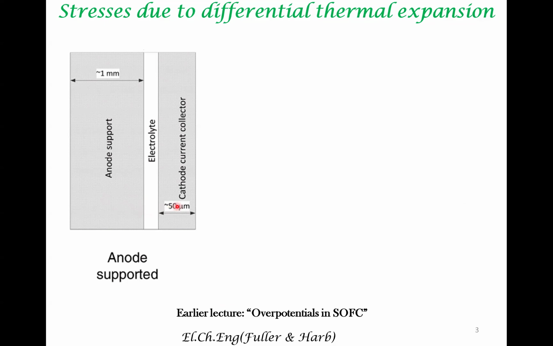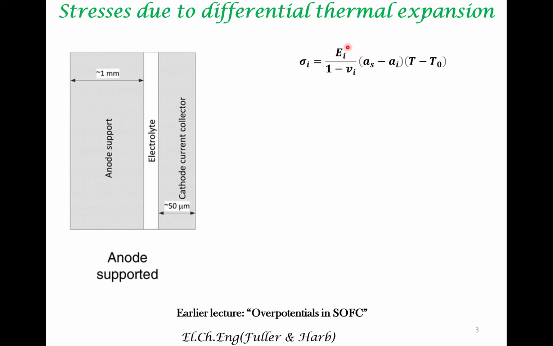Because of this aspect, that is the pretty much unimpeded expansion of the anode, there will be additional stresses in the electrolyte. So the way to think about this is, supposing we are focused on the electrolyte, sigma refers to the stress in the electrolyte.